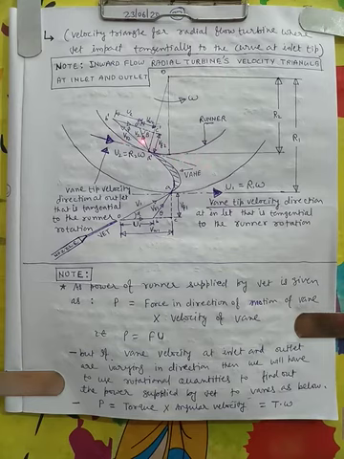Along this, the component of V2 is VW2, but the direction of the component VW2 is in this direction, and this will try to rotate the runner clockwise, and at inlet VW1 will try to rotate the runner anti-clockwise. So direction of VW1 and VW2 are opposite here.